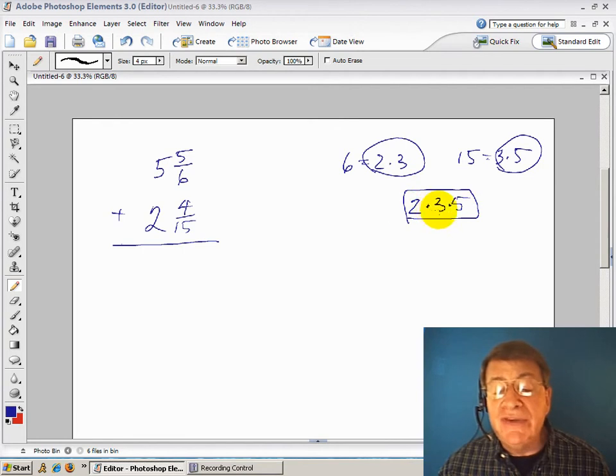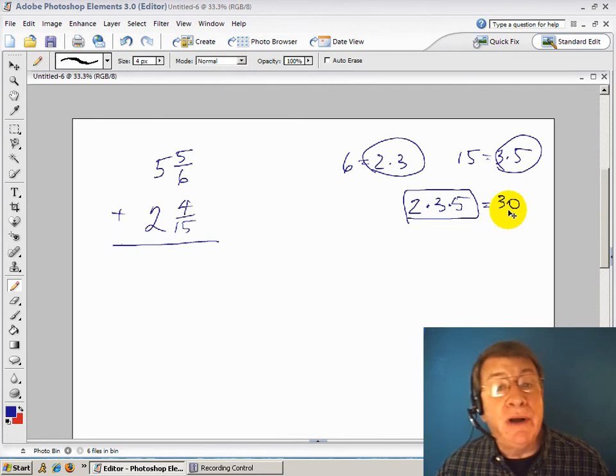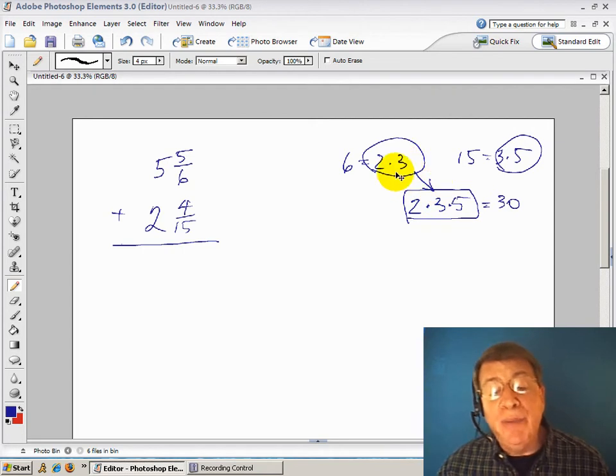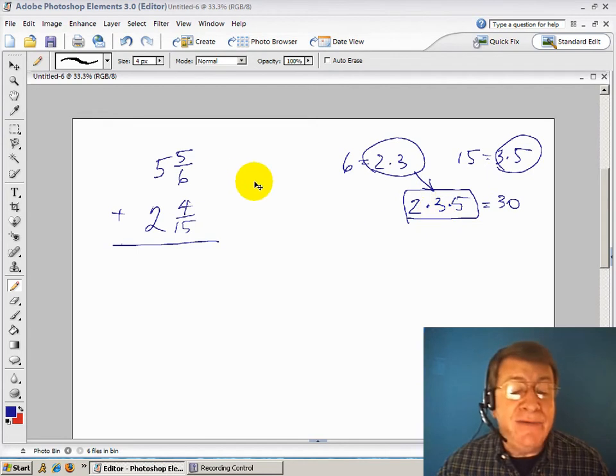If I multiplied this out, 2 times 5 is 10, times 3 is 30. That will be our lowest common denominator. However, we've already established the pattern, and the pattern is, let's start with what we have factored and see how many factors we need to add to it. If you look at this and look at this, you can see that a 5 is missing.